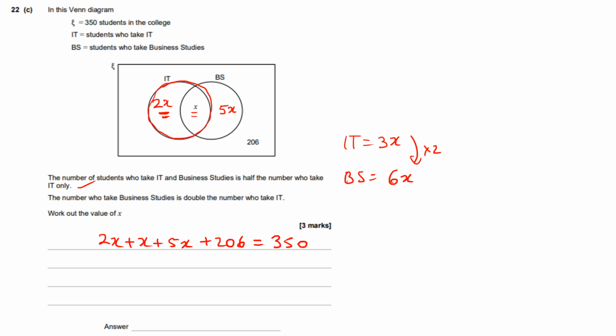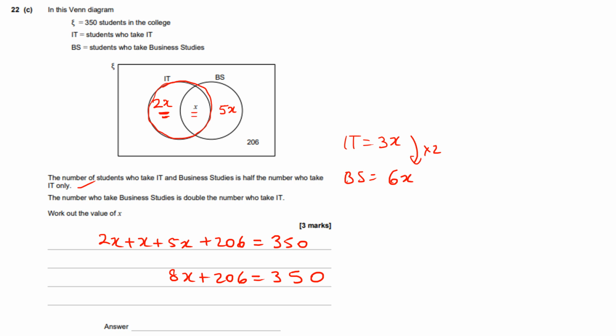We'll collect the like terms. That's going to be 8x plus 206 is equal to 350. Now we need to show the examiner that we are solving this equation, because we want to get full marks from it. So we'll need to take 206 away from both sides.